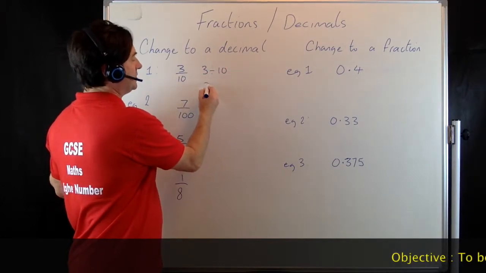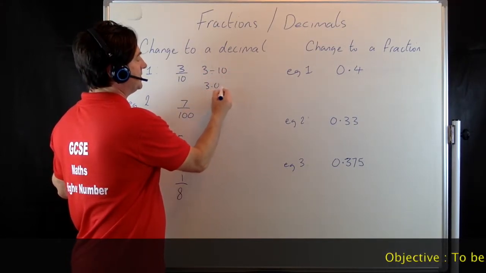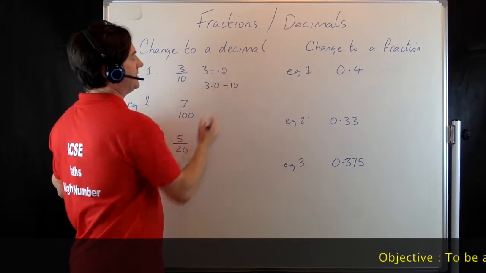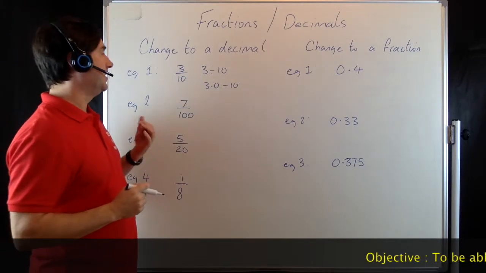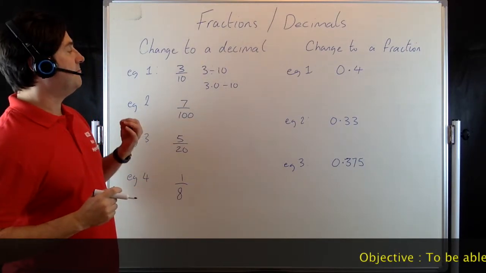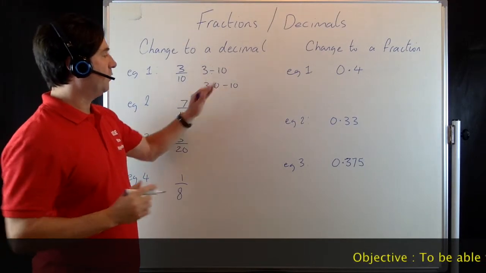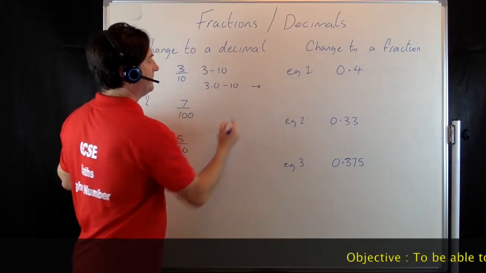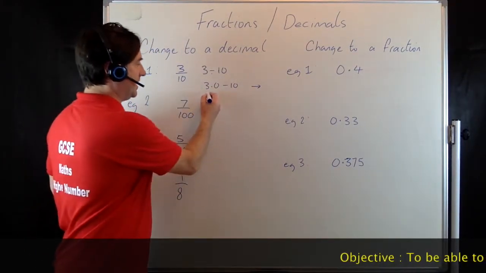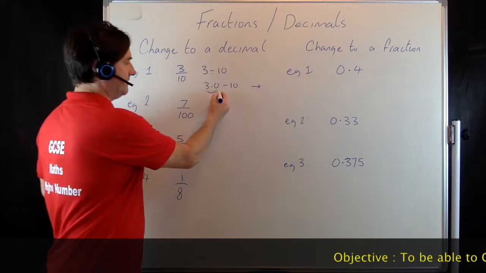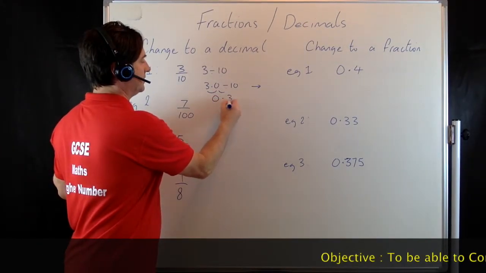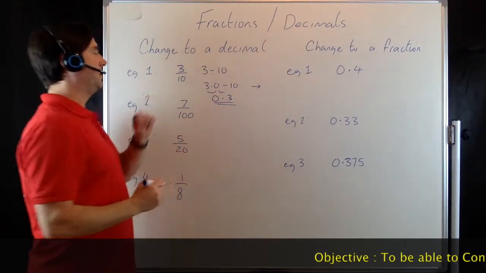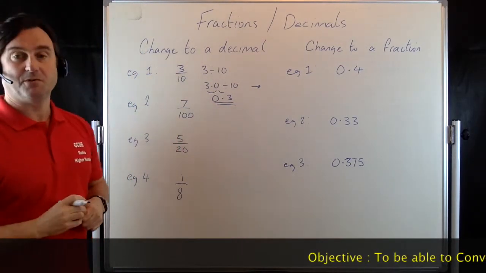So if I write 3.0 divided by 10, what's happening is I'm moving the digits one place to the right. So if I move the 3 over and the 0 along one, I'm going to get 0.3 as my answer. So 3/10, 0.3.